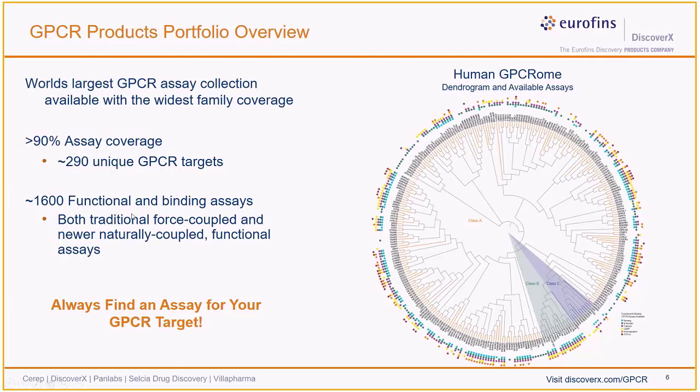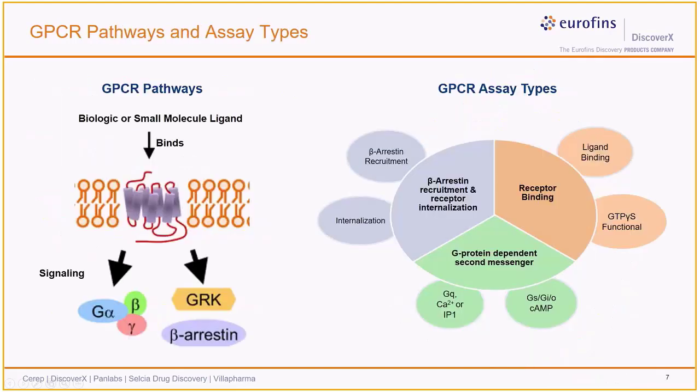So now we're going to move into the types of assays we have. There are about 1,600 functional and binding assays available. And these are the traditional force-coupled as well as the naturally coupled functional assays. At a high level, if you look to the left, you see our GPCR pathways where we have the biologic or the small molecule ligand that can bind.